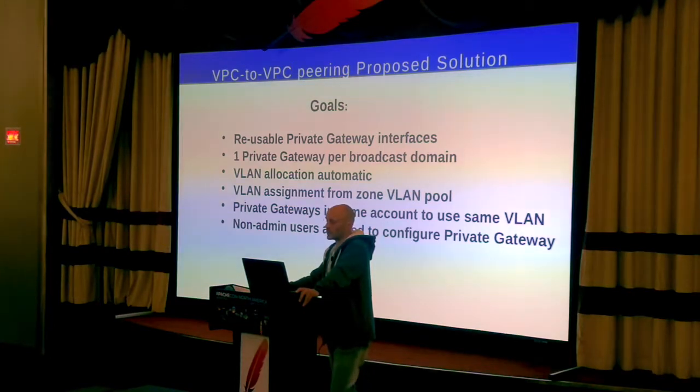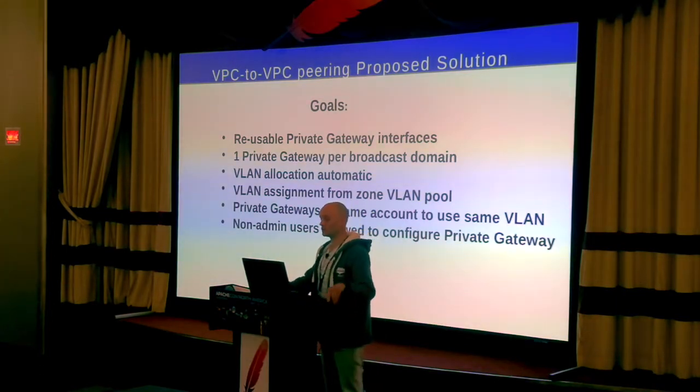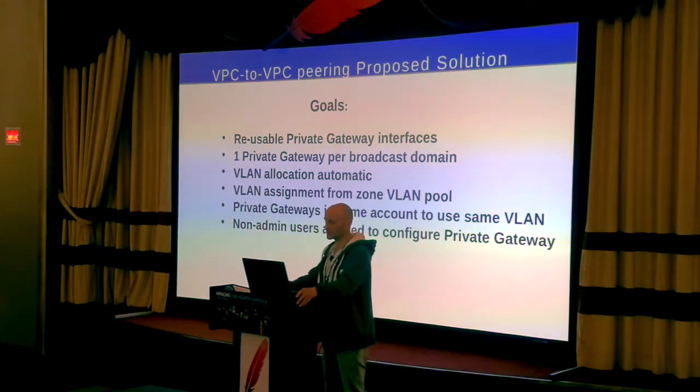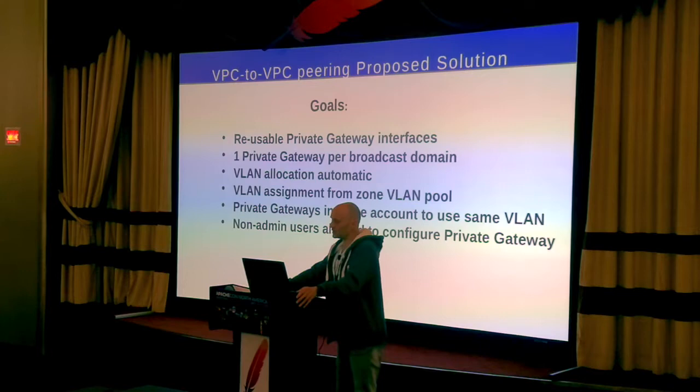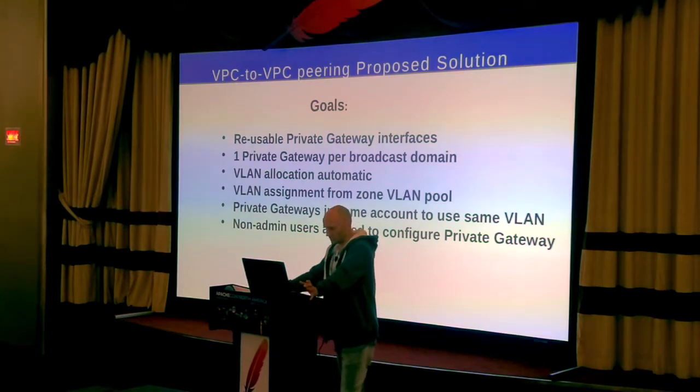So CloudStack will use the same VLAN and not create a new NIC on the virtual router. The VPC virtual router should only need one private gateway NIC per broadcast domain.